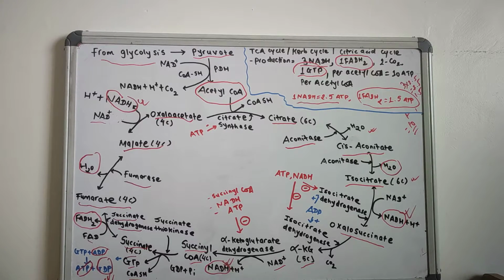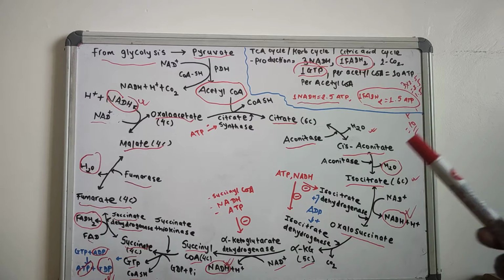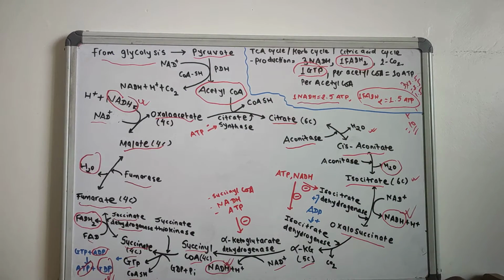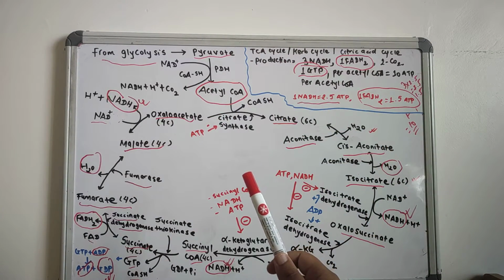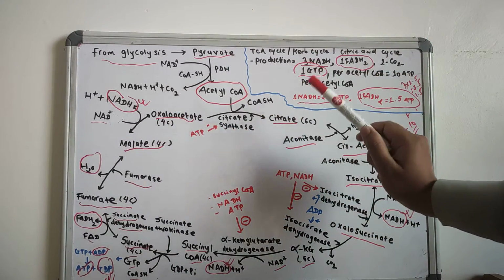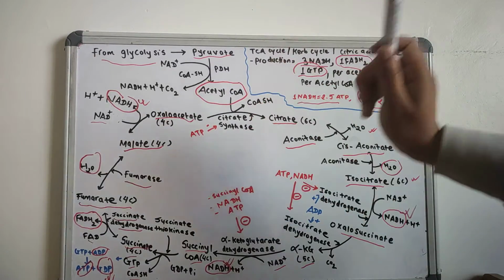Now let us discuss the regulation of the citric acid cycle. Mainly, regulation of any pathway occurs only in the irreversible reactions. In the reversible reactions, mainly there is no regulation. The first regulation we see is in the formation of citrate from oxaloacetate, acetyl coenzyme A and citrate synthase.